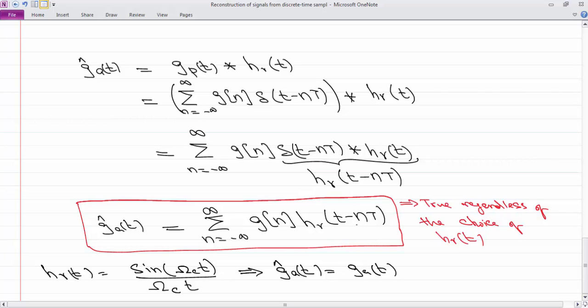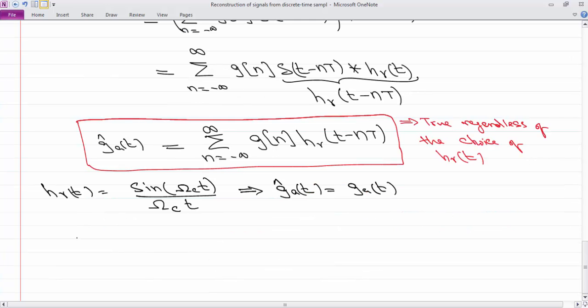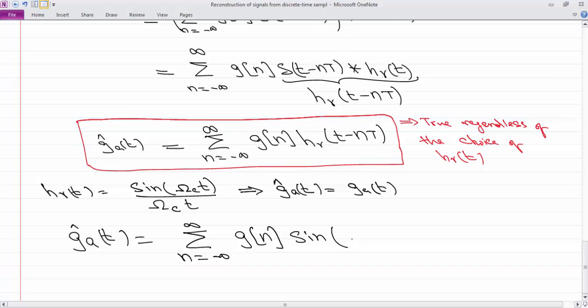So if we now look at this reconstruction, we see that we don't really have to form any impulses. Our output, g hat a of t in this case, is simply a function of my sequence g of n times sin of omega_c (t minus nT) over omega_c (t minus nT).